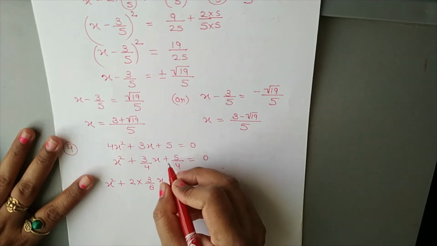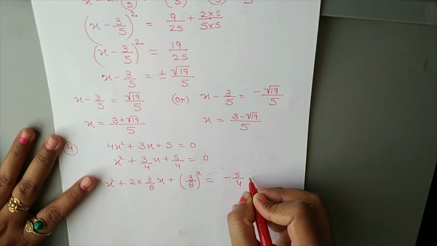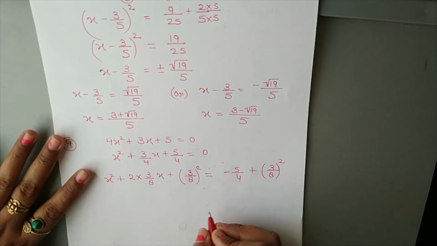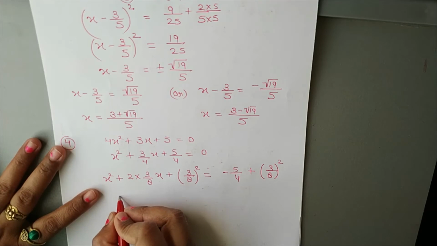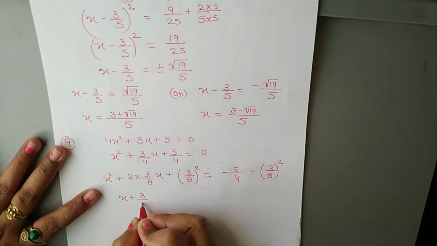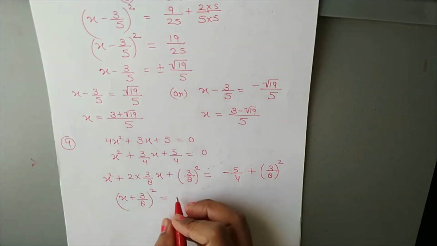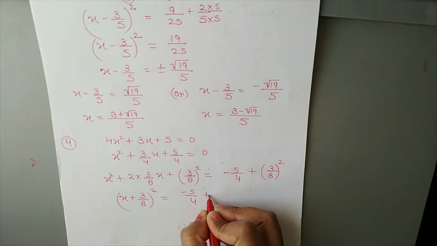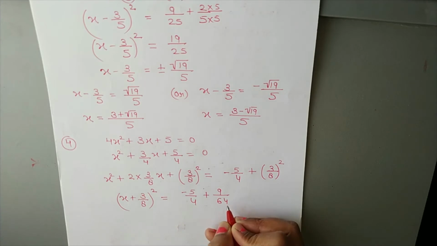and shifting the constant term to the right hand side, so it will be minus 5 upon 4 plus 3 upon 8 whole square. So when you solve it, it will become x plus 3 upon 8 whole square.